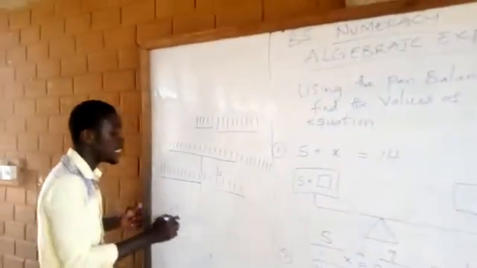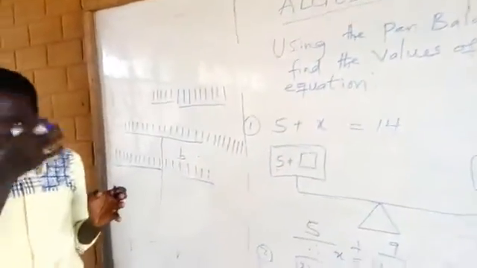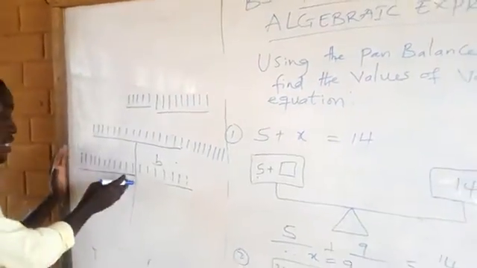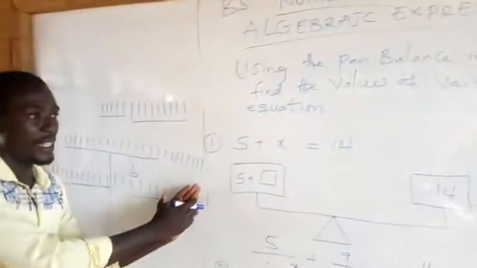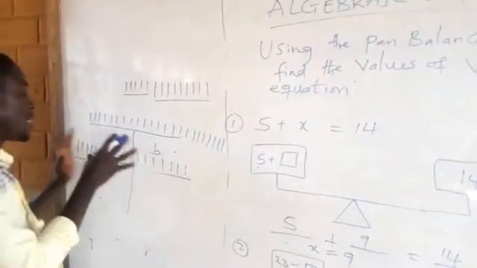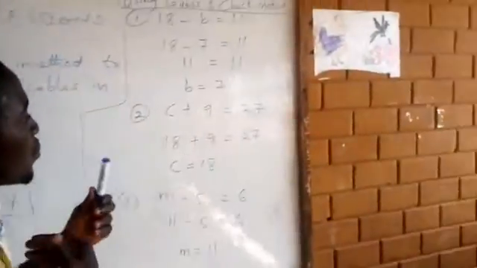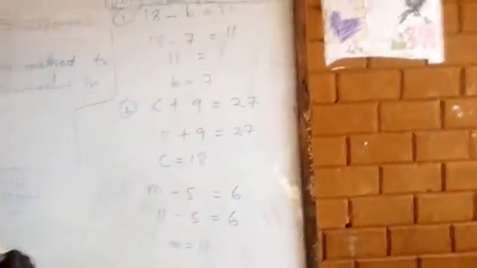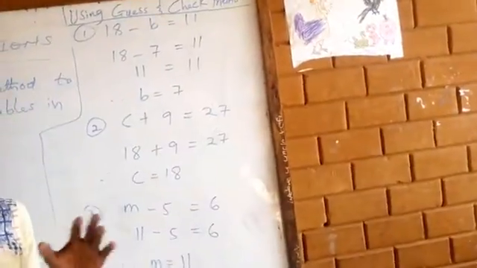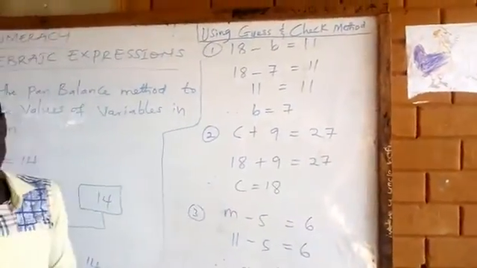Because if you can see well, 18 has been divided into two sections. We have the 11 here and the 7 here. That means when you subtract 7 from the 18, you get 11. Alright, so right now we have guessed, though we didn't just guess without any basis.